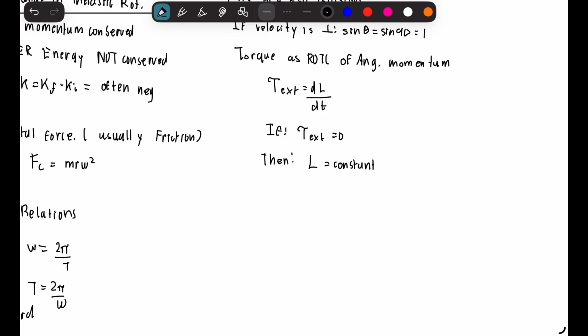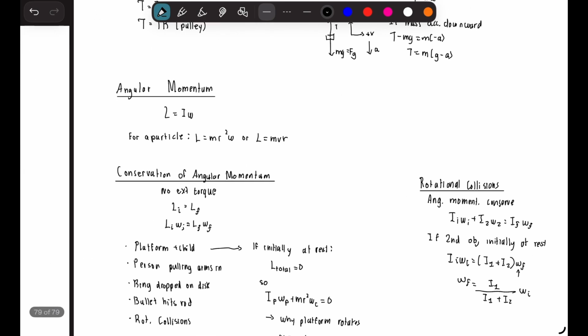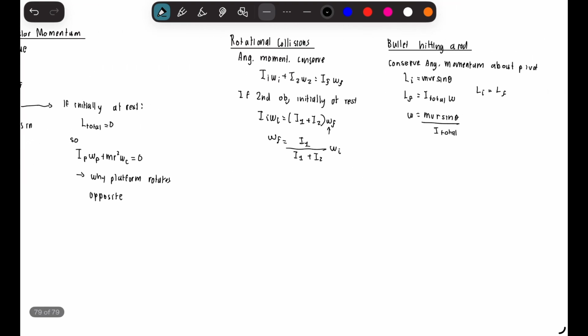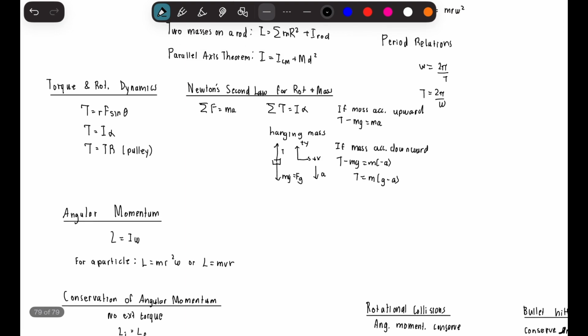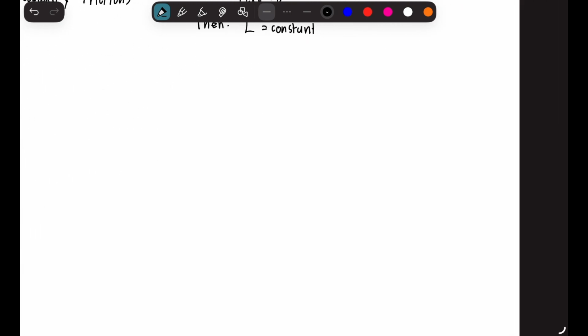Again, something I want to go back to is tangential speed versus angular speed change.